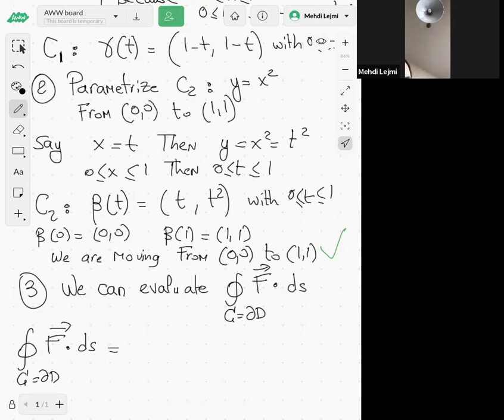That will be equal to the vector line integral along C1 plus the vector line integral along C2.